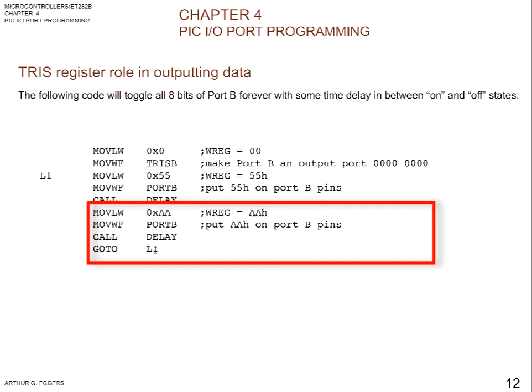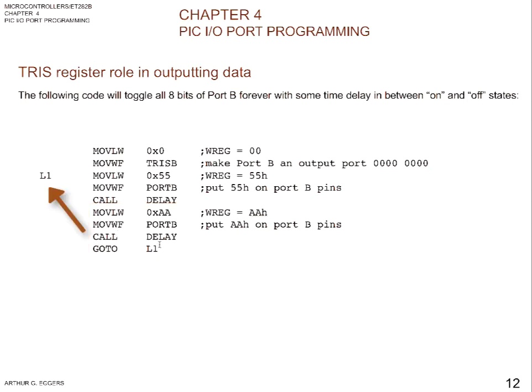Well, what does L1 do? It tells you to jump back to this step and do it again. One of the things you'll notice in this particular little example is there's no end. There's nothing in here to stop this from running, and as it said in the beginning, it will continue to do it forever.